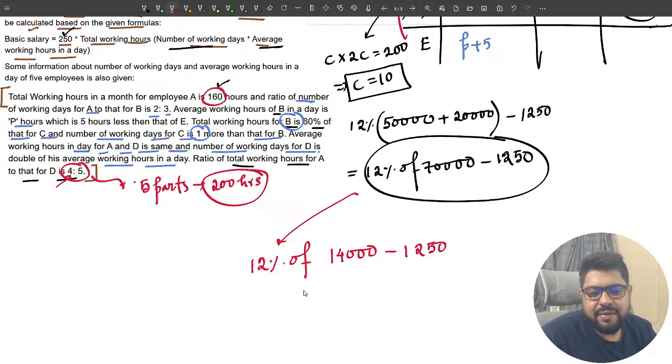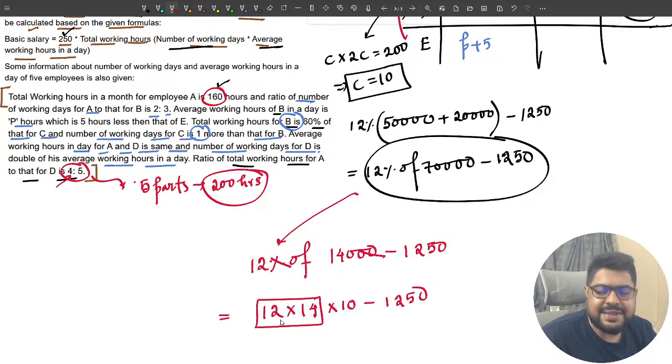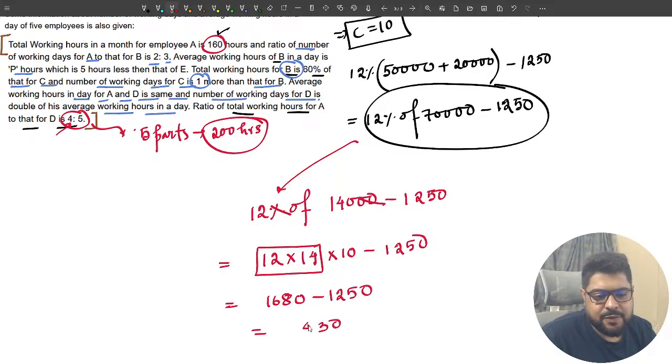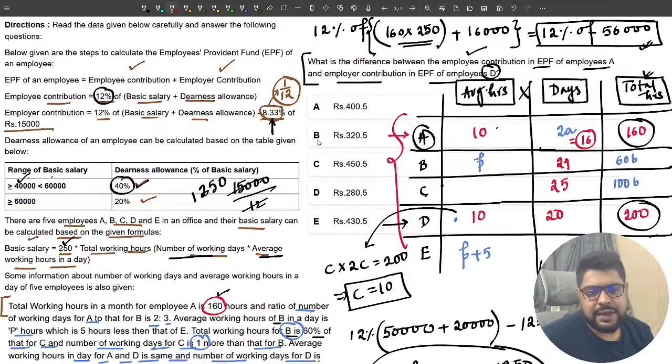Let's do the calculation. 12% means two zeros are gone, so 12 into 14 and one zero at the end. That is 168, then 169 minus 1, and the 0. So 430 is the answer.